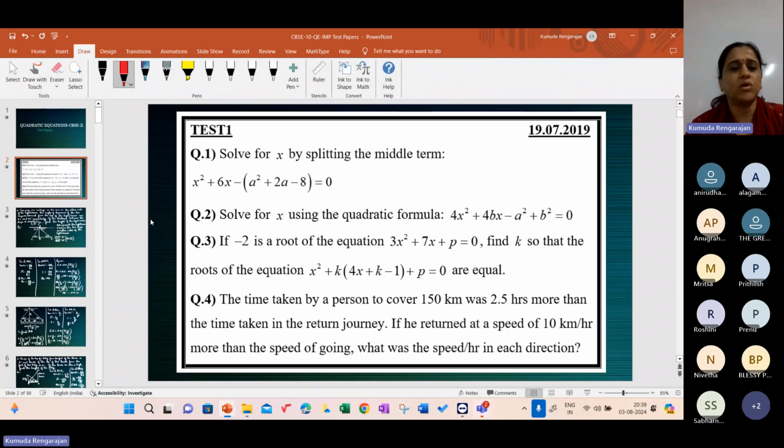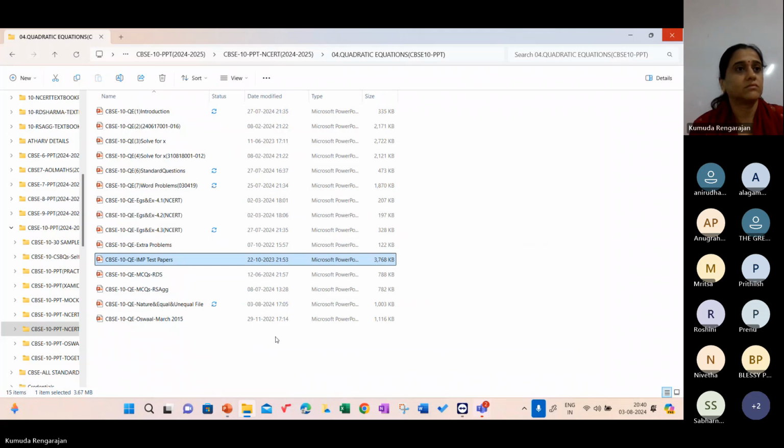So this year quadratic formula has been removed, right? I think how do you learn to solve quadratic equations by using the quadratic formula?